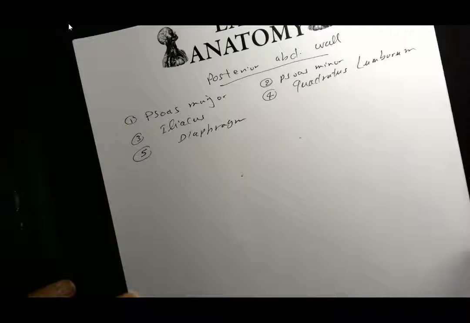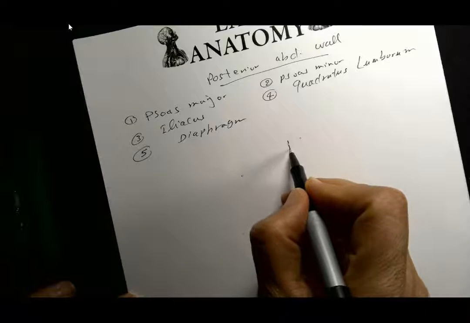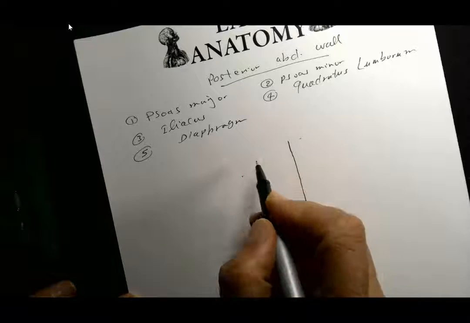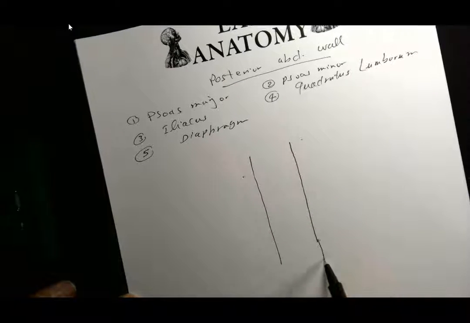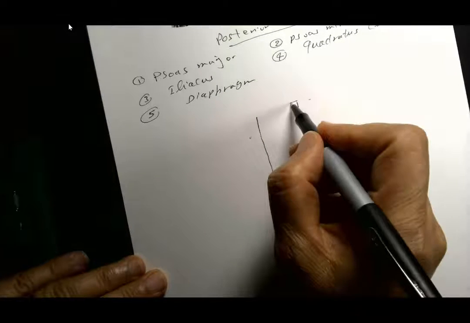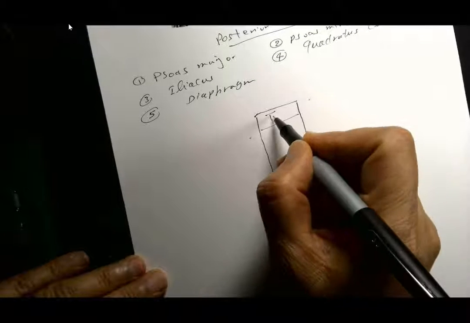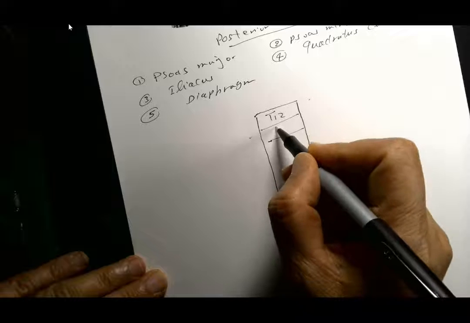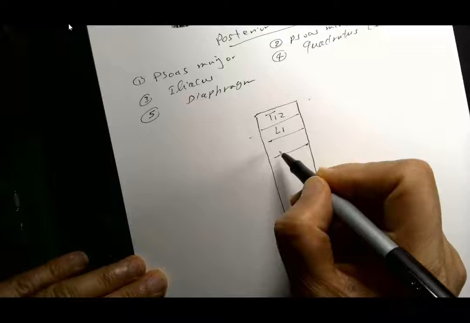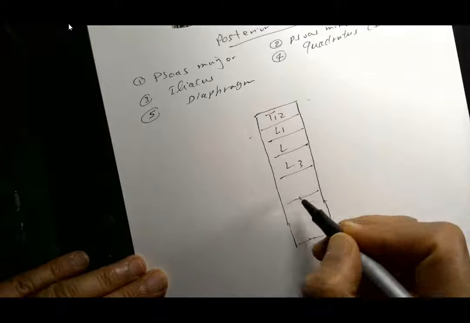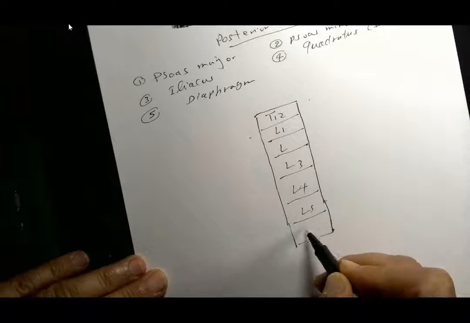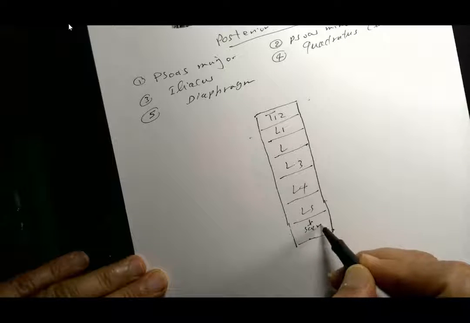So if you can imagine, this is a vertebral column, extending like lumbar vertebrae, let us say that I'm talking about thoracic 12, lumbar 1, lumbar 2, lumbar 3, lumbar 4, lumbar 5, then we are getting here to the sacral area, to the sacrum.